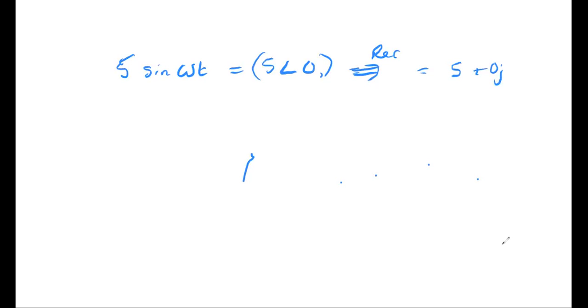And then we've got our other phasor, which is 4 sine omega t minus pi over 6. In polar form, that is 4 angle minus pi over 6.